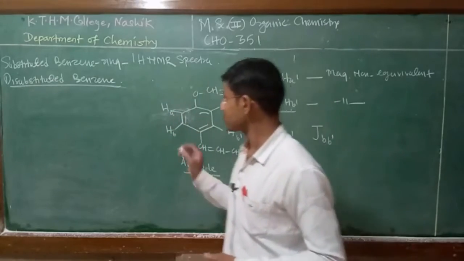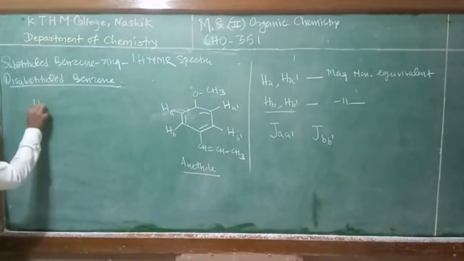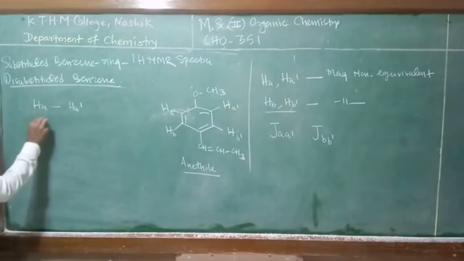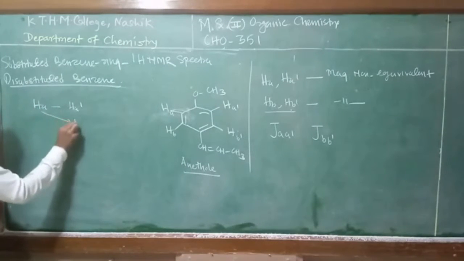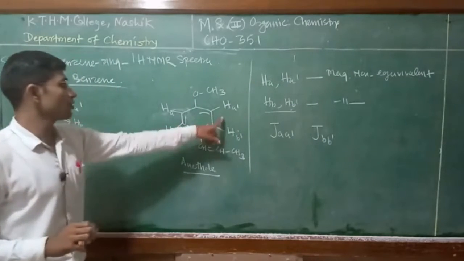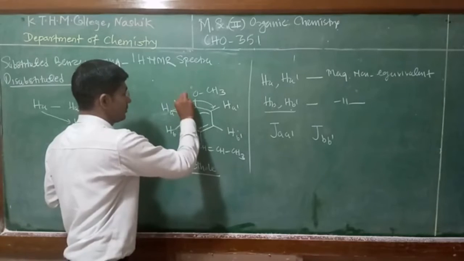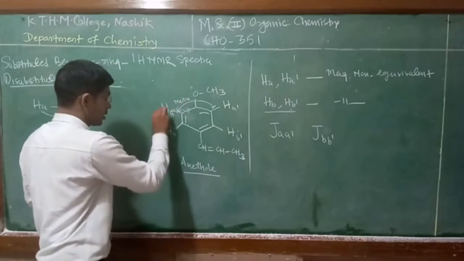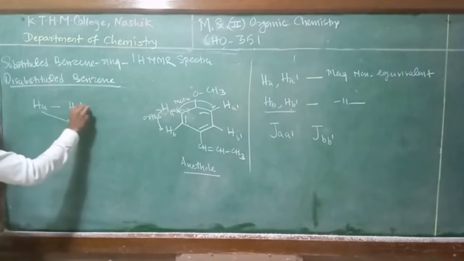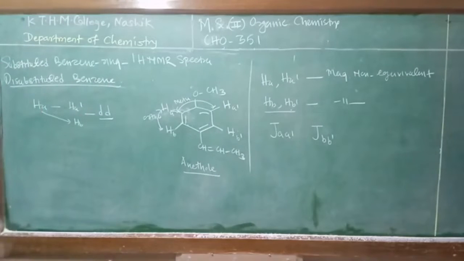Because of that, each proton, suppose Ha proton, couples with Ha dash and couples with Hb also. So Ha couples with Ha dash, that is the meta coupling, and this is the ortho coupling. So each proton gives a signal, here this proton first gives a doublet of doublet, Ha.